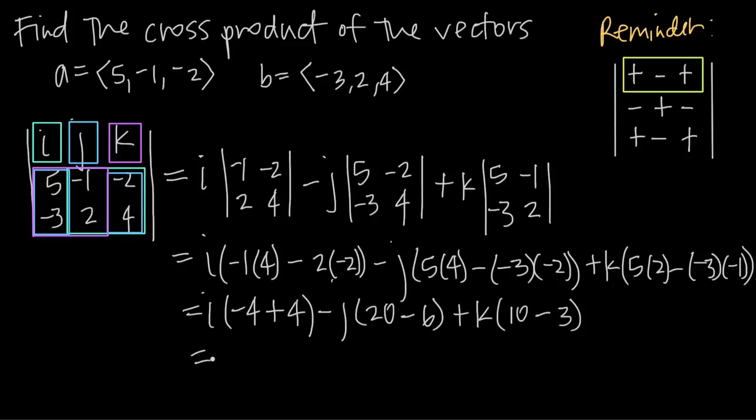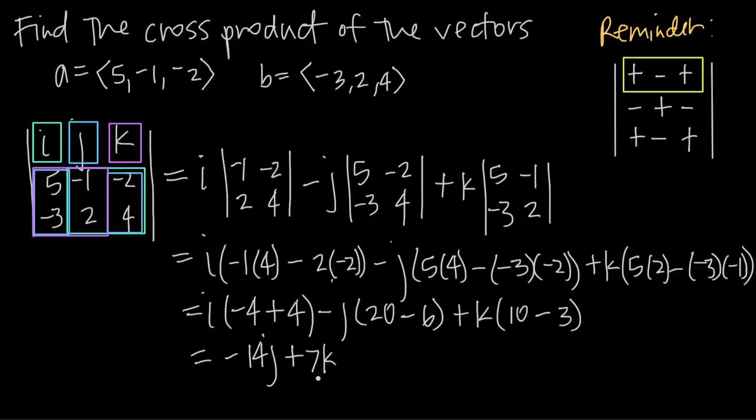And when we simplify again, -4 plus 4 is 0, so we're going to get 0I, or just 0. That whole term will fall away. And then we're going to end up with 20 minus 6, or 14, so we end up with -14J. And then here, 10 minus 3 is 7, so we get plus 7K when we move those coefficients out in front of these values here.